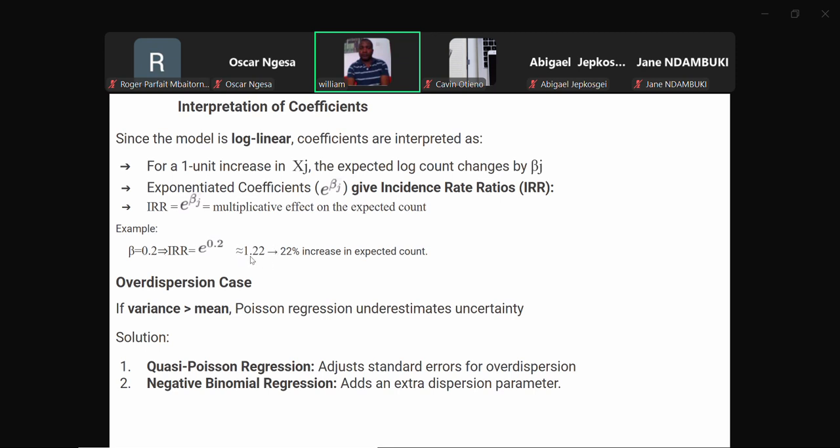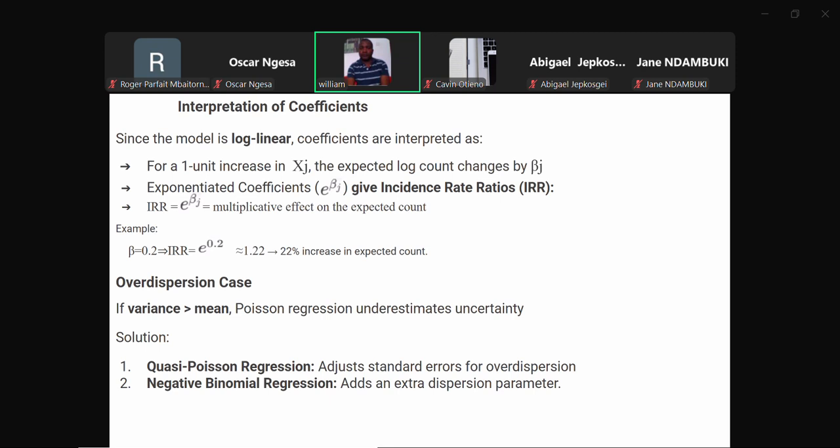Whatever I get, maybe 1.22, means there is a 22% increase in expected count.